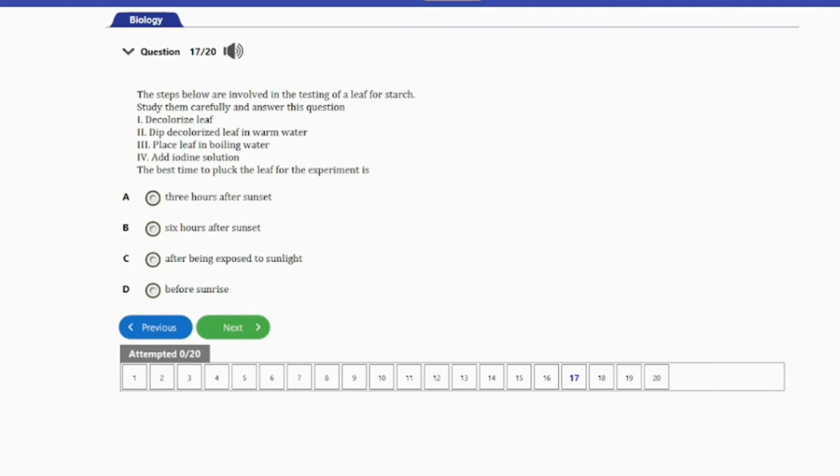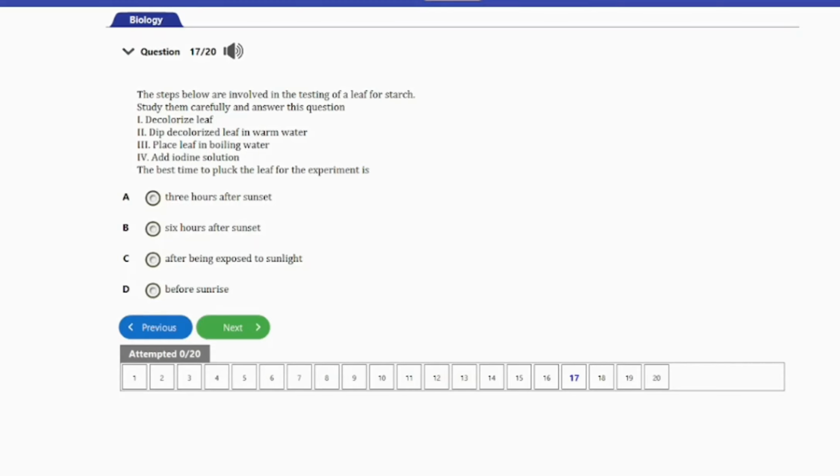It's question number 17 here, and it says, the steps below are involved in the testing of a leaf for starch. Study them carefully and answer this question. We have I. Decolorize leaf. II. Decolorize leaf in warm water. III. Place leaf in boiling water. IV. Add iodine solution.